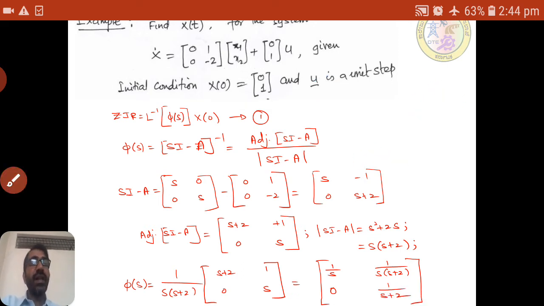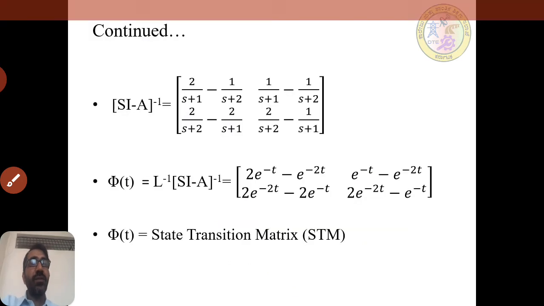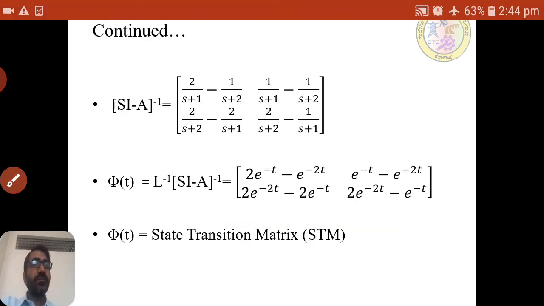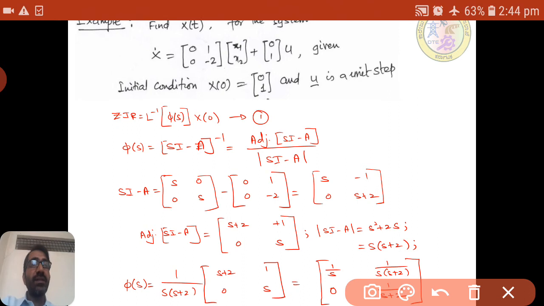Okay, so we know ZIR is equal to Laplace inverse of phi of s into x of 0. Phi of s is nothing but (sI minus A) inverse, that is the adjoint of (sI minus A) divided by the determinant. Again it is a 2 by 2 matrix.